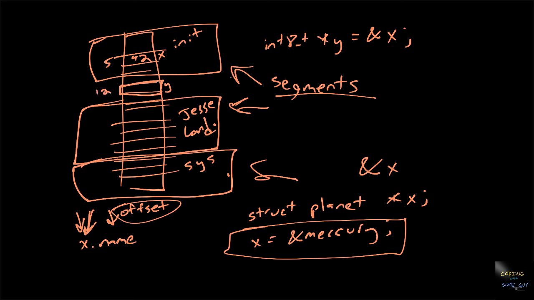Let's say this landed in memory location 12. You are storing the memory location of X. Where is it? 5. So what value's in here? 5. Because a pointer is what? A memory address. Yes, it's an address in memory.